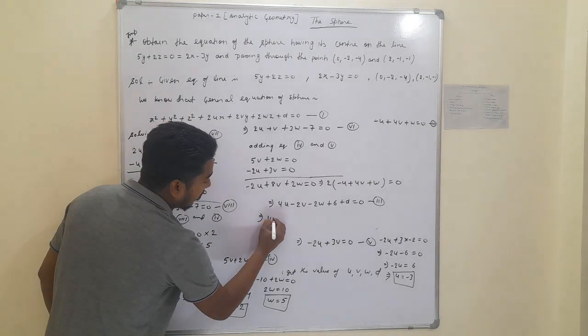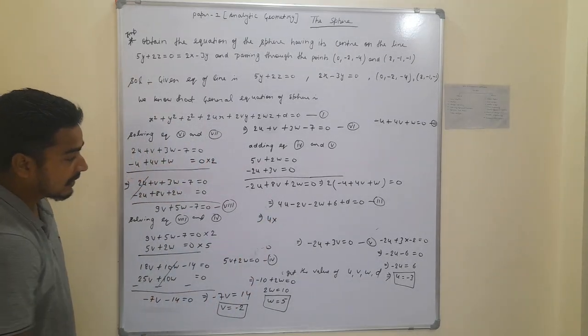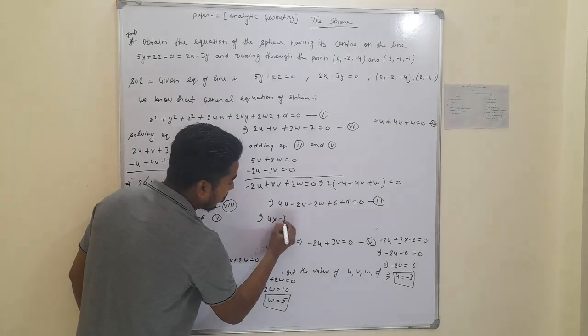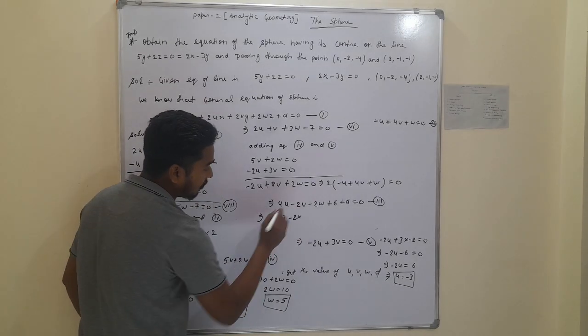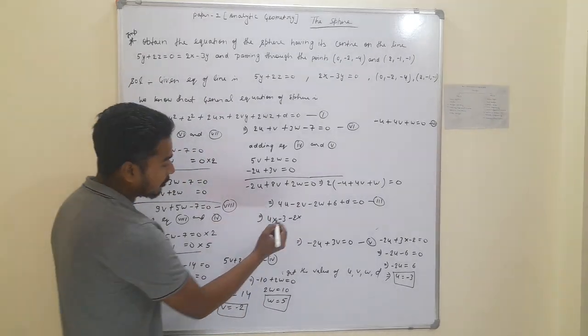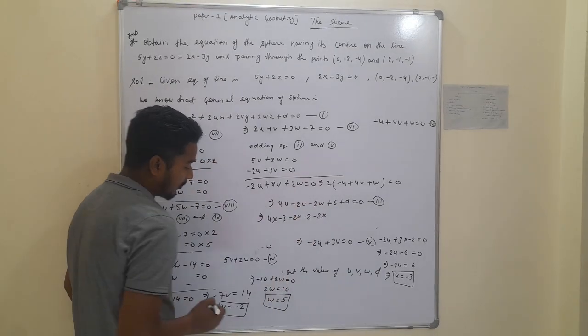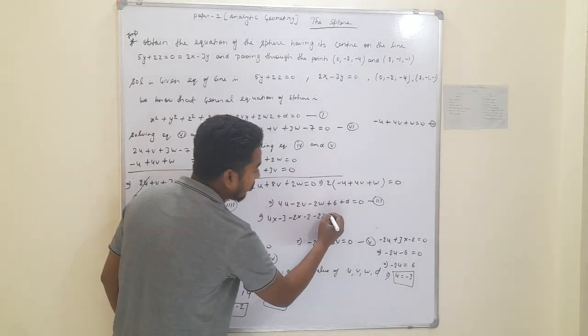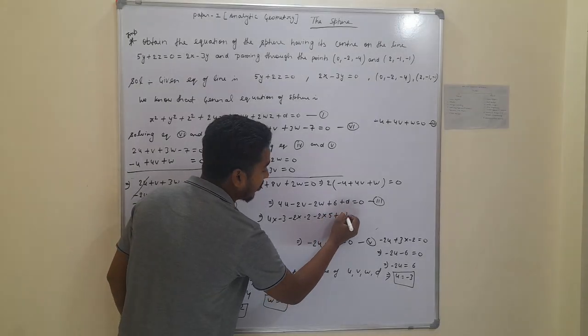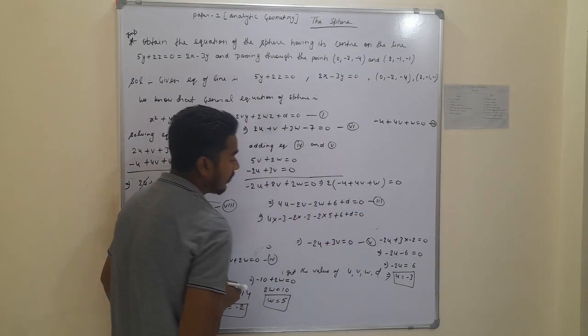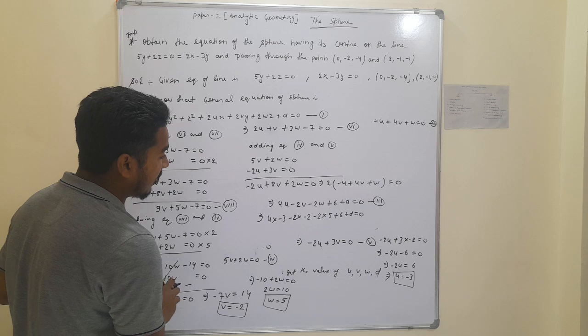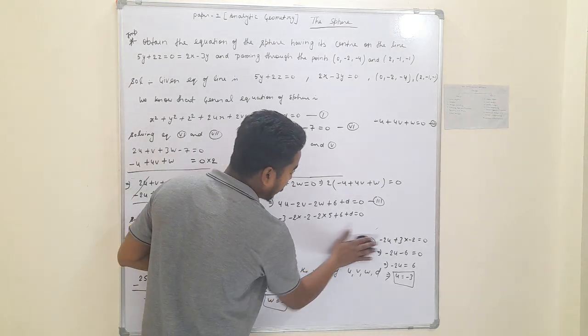Here is 4, and the value of u is minus of 3 and minus of 2, the value of v is minus of 2, minus of 2 into the value of w, which is 5, plus of 6 plus of d is equal to 0. And from here we have to calculate the value of d.